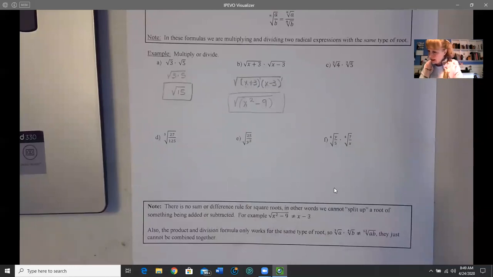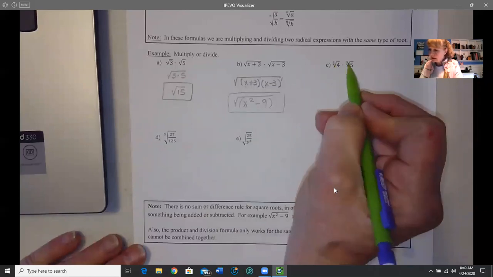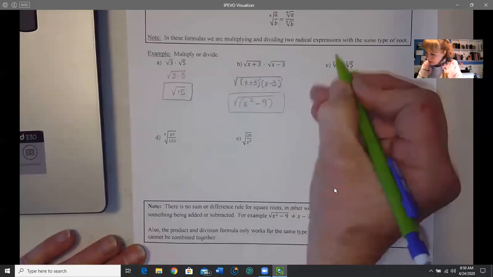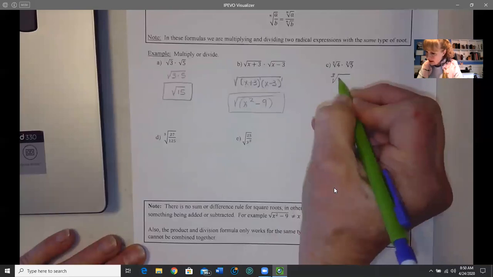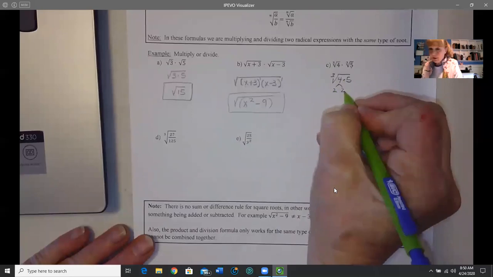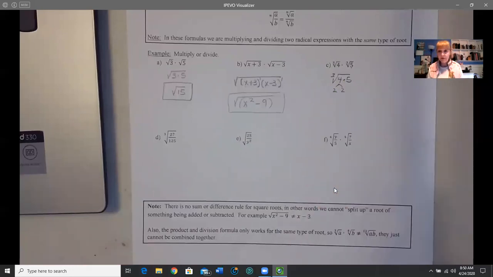Again, the index here is 3, and the index here is 3. So because they are the same, I can go ahead and multiply the radicands together. So I end up with 4 times 5. So I'll multiply those. You'll now need to look to see, do I have 3 of anything in here? You've got 2 2s here, but not 3 of them.